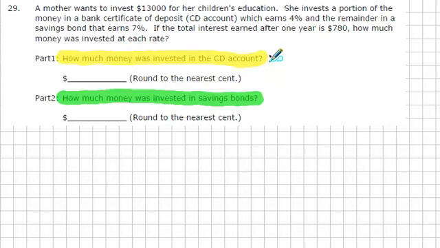Let's use the letter X to represent the amount of money invested in the CD account, and Y will represent the amount of money invested in savings bonds. So what we'll try to do is set up a system of two equations in these two unknowns in order to solve the problem.